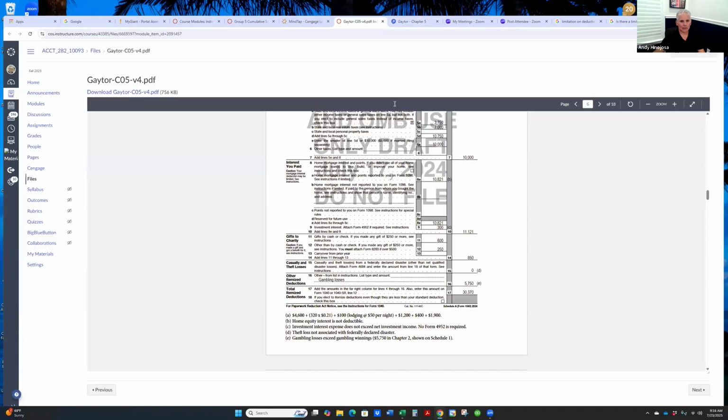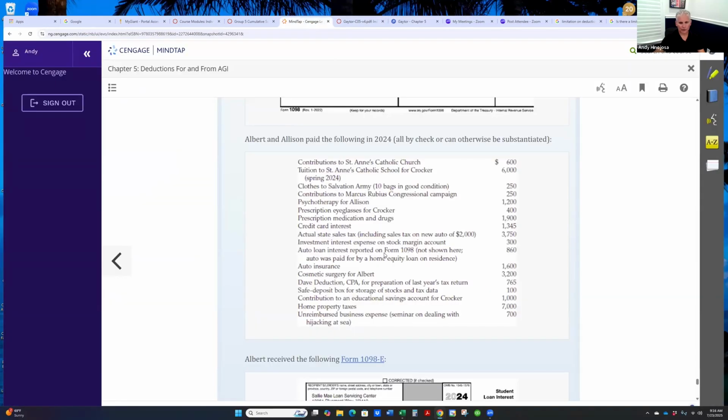Going back to the textbook, auto loan interest reported on Form 1098. Not shown here, auto was paid for by a home equity loan on a residence. Okay, so even though they received a 1098, which would suggest that they have interest that's deductible, you have to be careful. If the money you pulled out on the home was used for something other than the home, then it's not deductible.